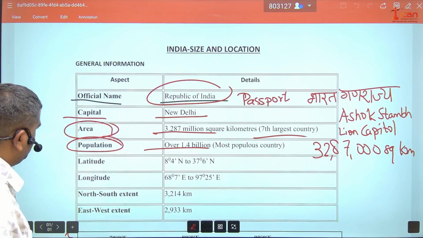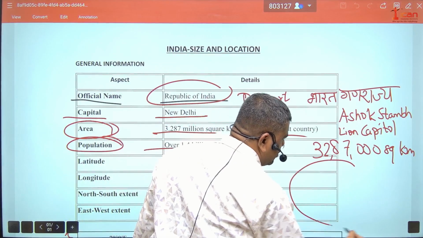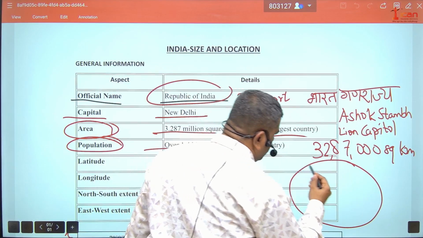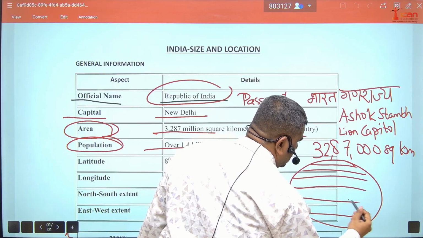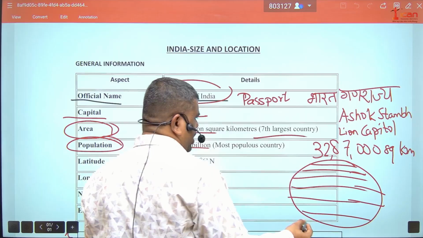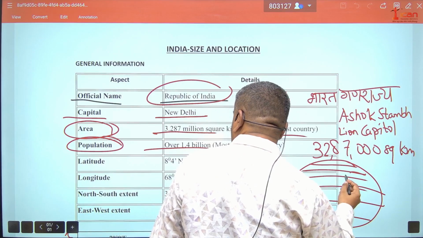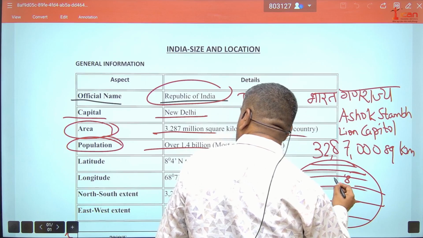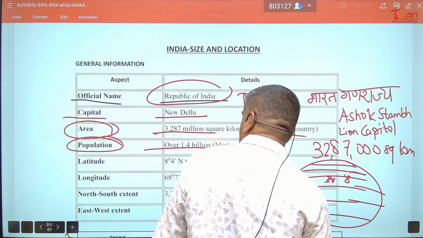Now latitude. We'll see very simply what latitudes are. If we say that this is the globe, these are all the latitudes, the horizontal lines. So where is India located? It's located at somewhere around 8 degrees north and 37 degrees north.